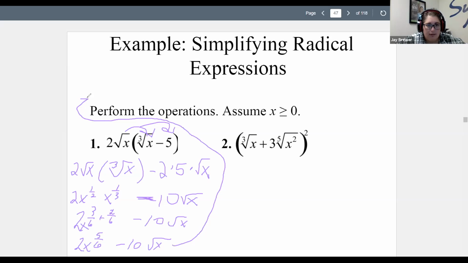If you do leave it in exponential form, like if it were on a test, make sure they're both in exponential form or both in radical form. Don't leave them mixed together. Just doesn't look nice. So I guess I won't really take any points off of you.